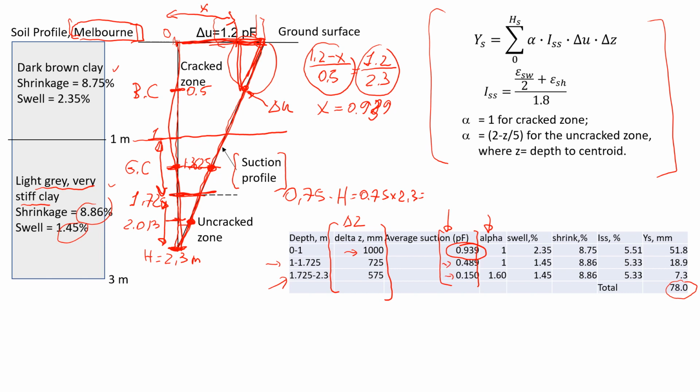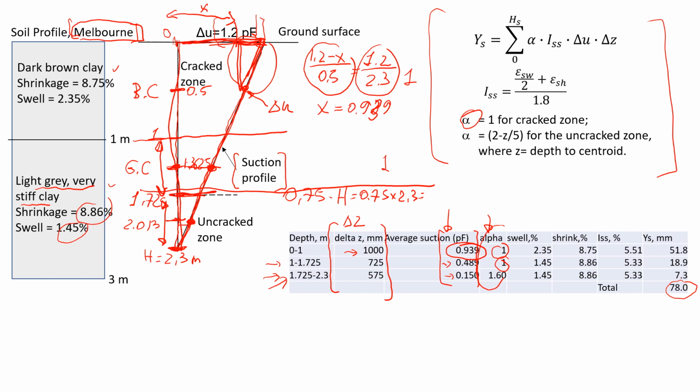Okay, so next one is that value of alpha. For the first layer of brown clay it is going to be 1, and for the top half of the second layer above the uncracked zone it is going to be 1 too. That's why I have 1 here and 1 here. So this layer is already inside the uncracked zone.